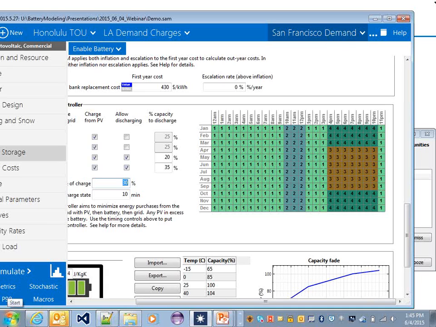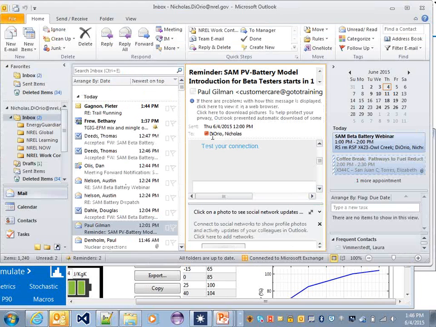So the question, so this might be one or two questions. When do I expect to get out the beta? The beta is already available. You can download it from the webinar.